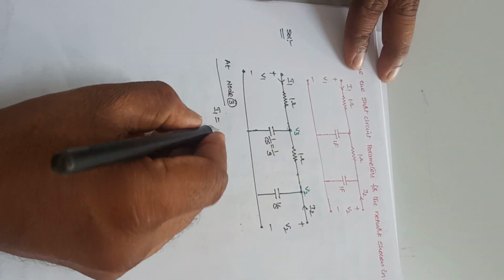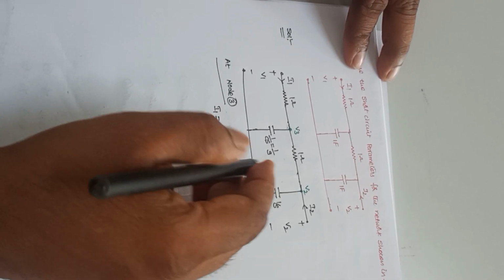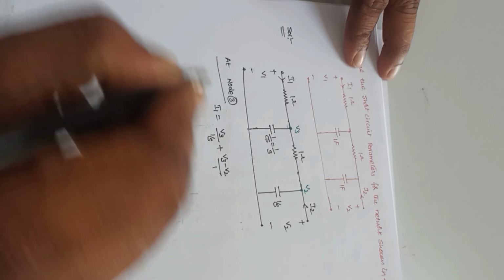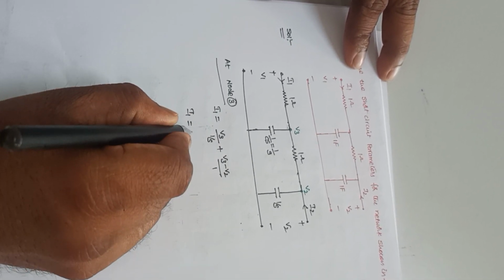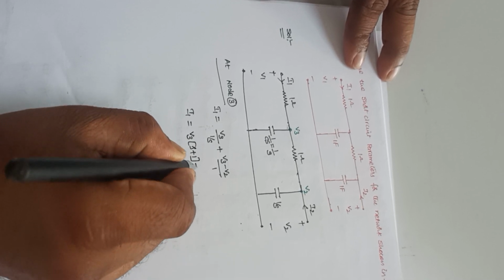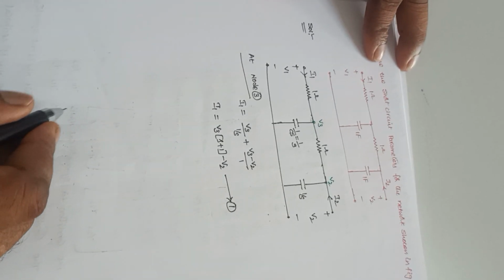So this current is V3 divided by 1 by S, plus this current is V3 minus V2 divided by 1. So I1 is equal to, if I take V3 common here, V3 into S plus 1 minus V2. Let us consider this equation as 1.